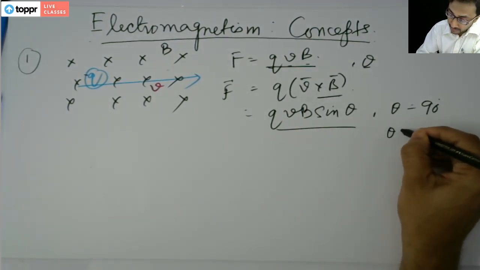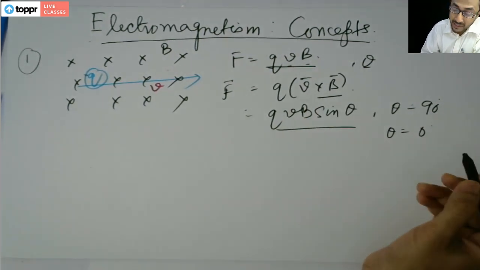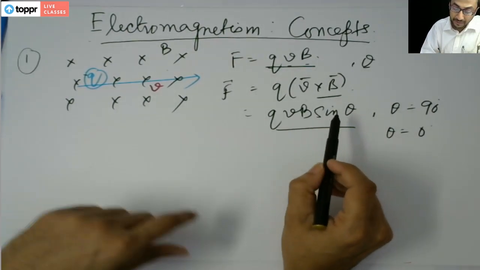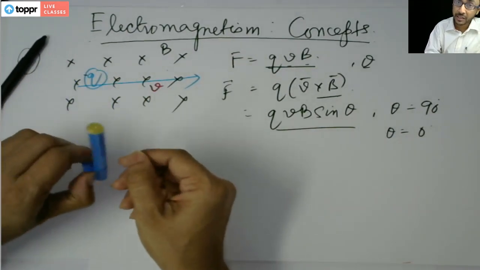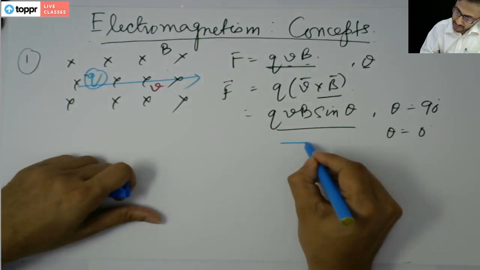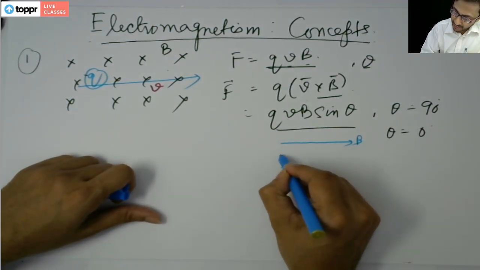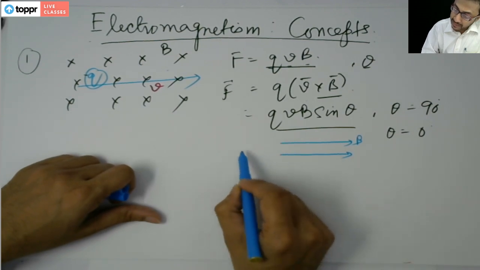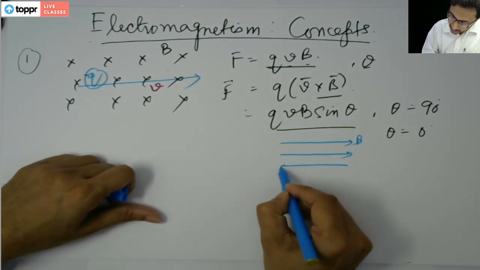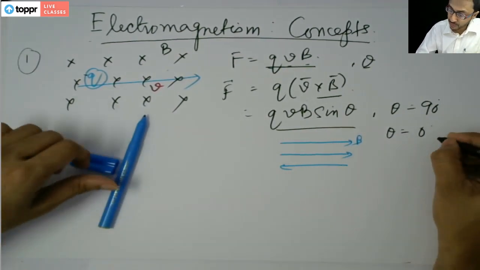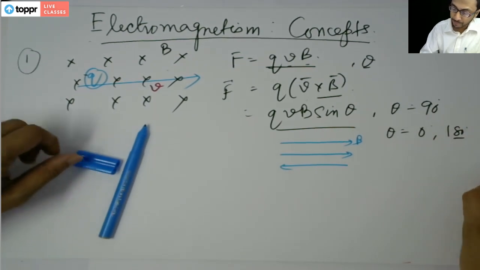If theta is 0 degrees, that is, the direction of the magnetic field and the direction of the charged particle are parallel or anti-parallel, that is theta equal to 0 or 180, then what will happen?